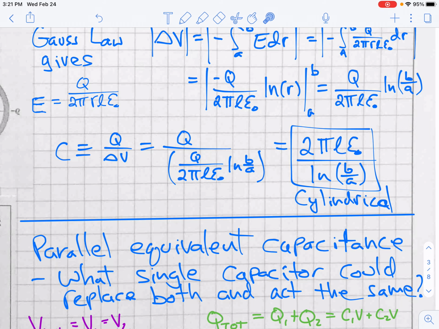In other words, can you take two individual capacitors that are hooked up in various ways and find a way of replacing them with one capacitor that, if you replaced it, the circuit would behave exactly the same? The same amount of energy would be stored, the same charge would be stored, everything would act kind of the same.